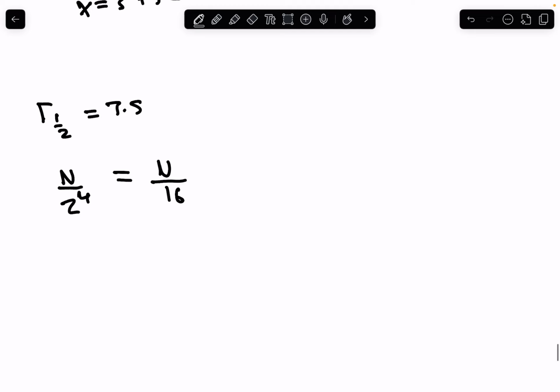Okay, a nucleus of potassium undergoes beta decay to an excited state of a nucleus of argon. The argon then reaches its ground state by the emission of a gamma photon. The diagram represents the beta plus and gamma energy, okay? What particle is represented by the letter X?